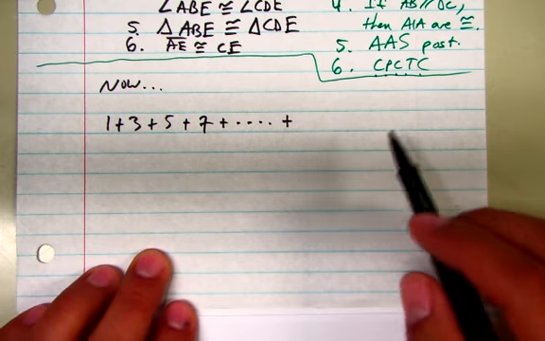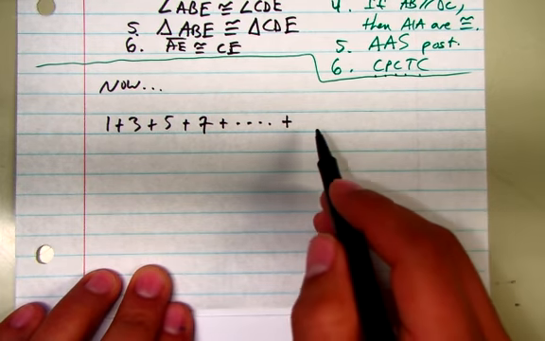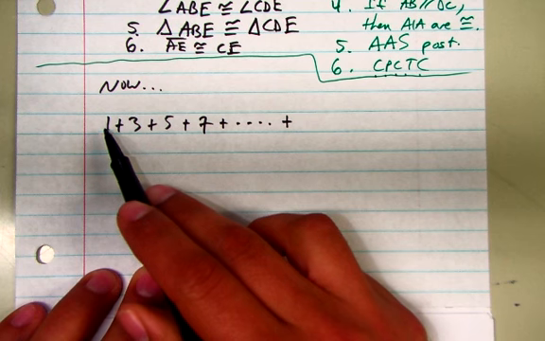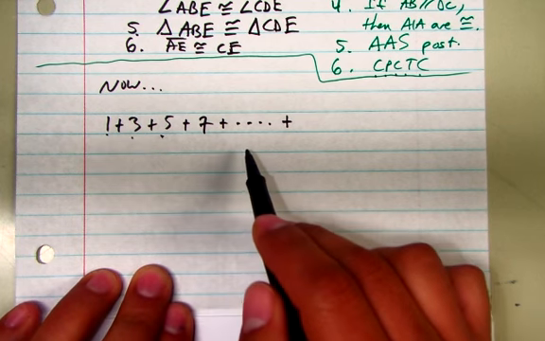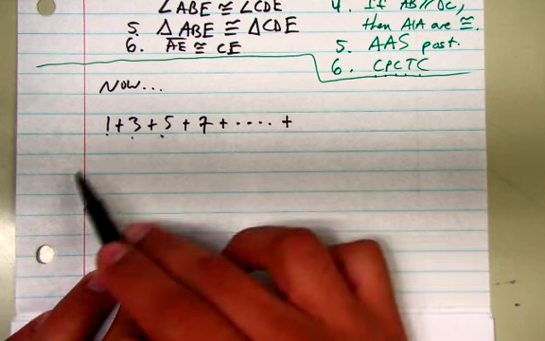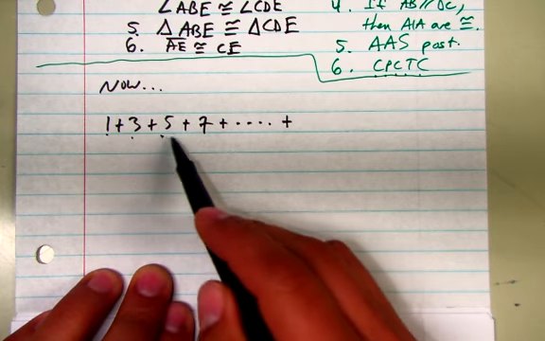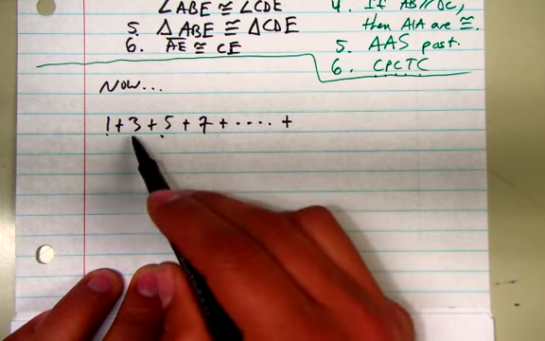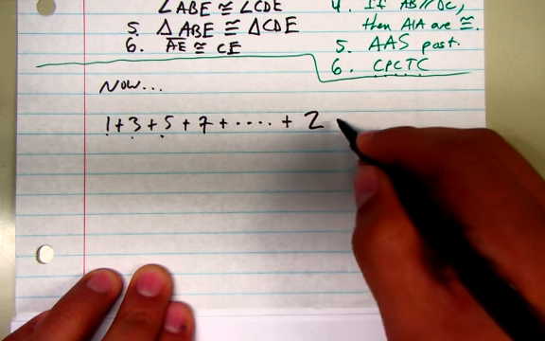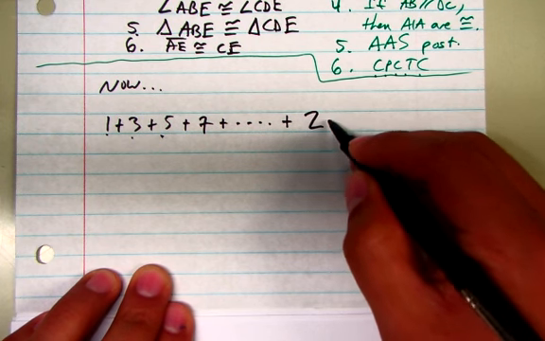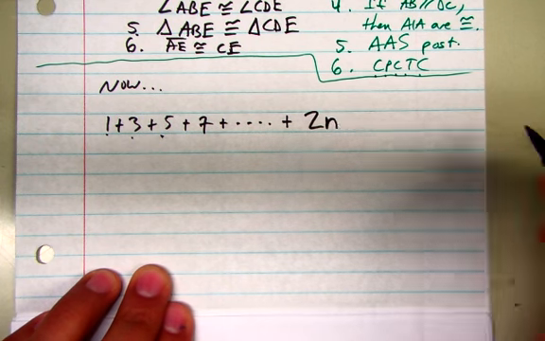The good news for you guys is that at the end, they'll tell you what the formula is that spits out all of these numbers. We could even find it right here. What's the difference? Each number goes up by 2, so that's almost like having a slope of 2. We don't use x's, we use n for our variable.